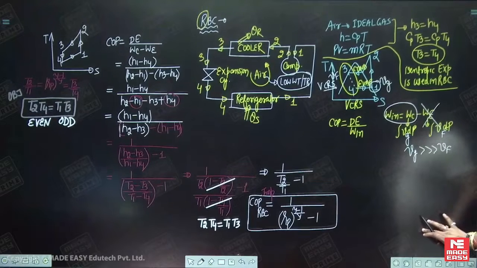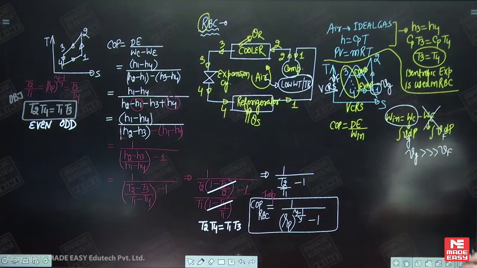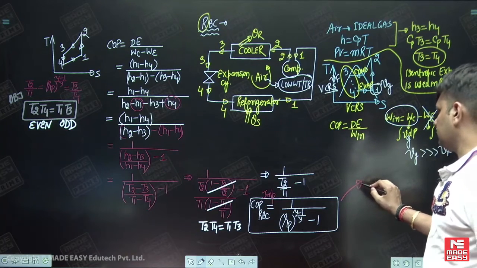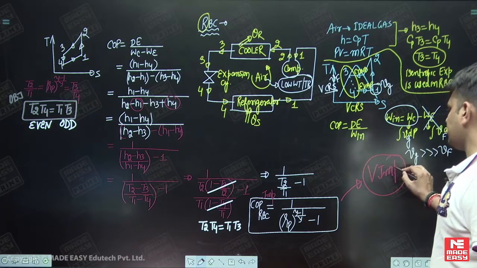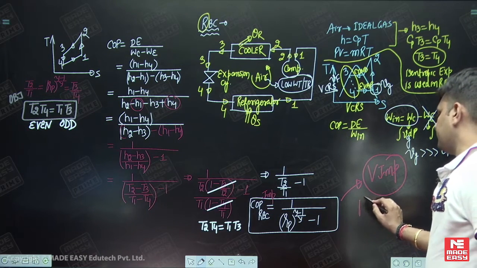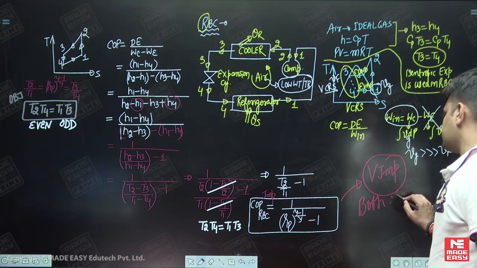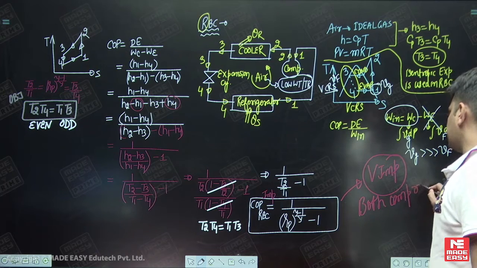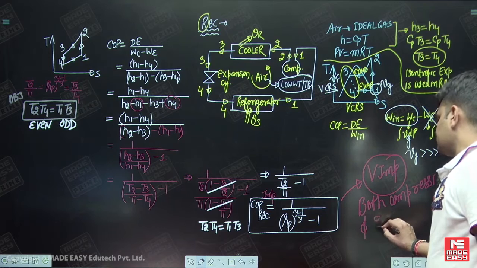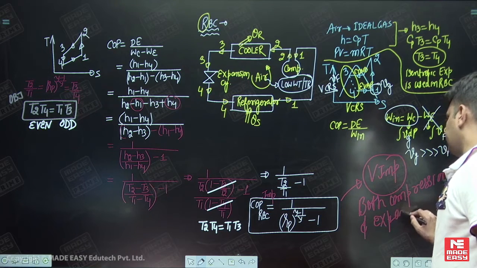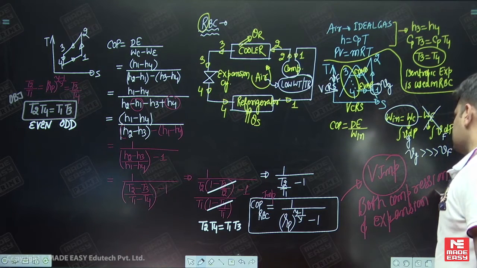That is the COP is equal to 1 upon Rp raised to power gamma minus 1 upon gamma minus 1. But very important thing, this formula is applicable only when both compression and expansion are isentropic. This is the most important thing which I want to discuss, okay.